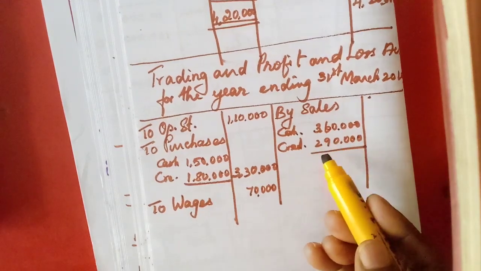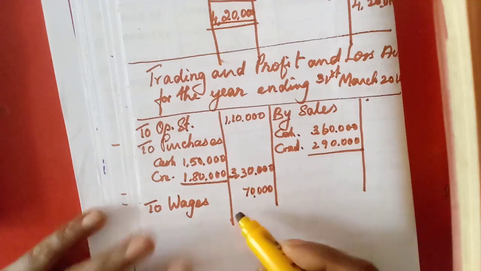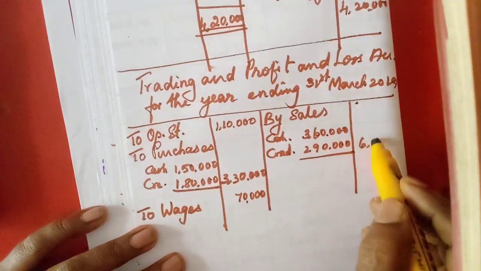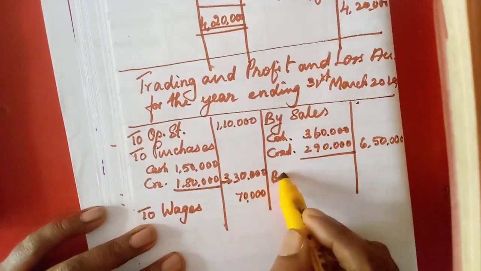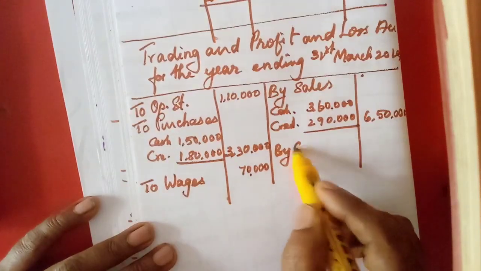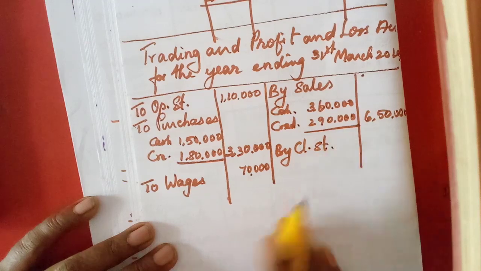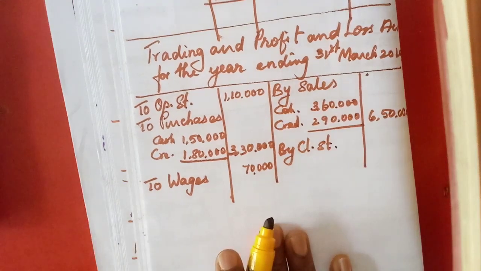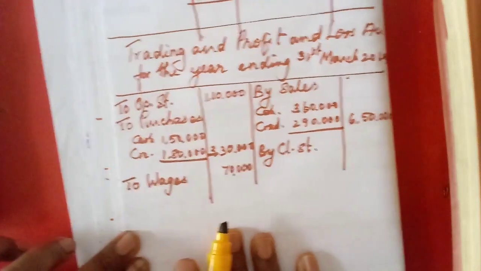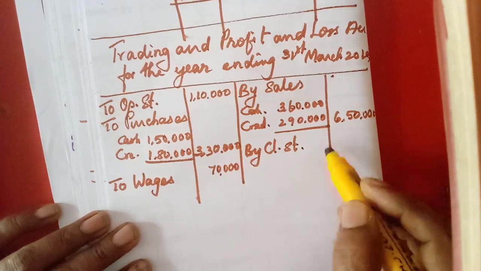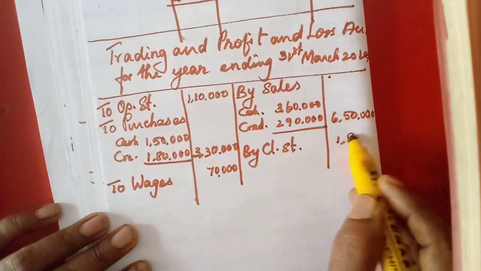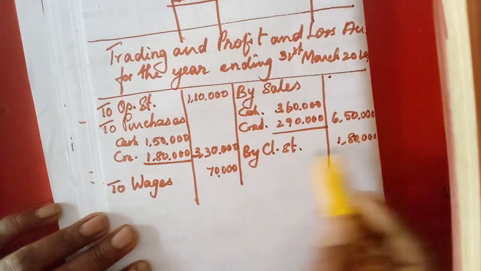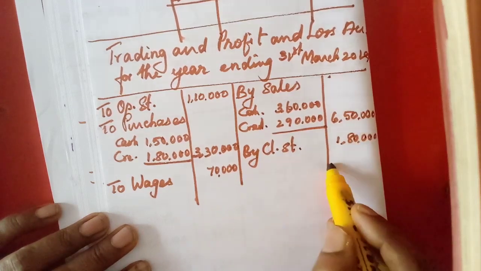So 6,50,000. Now the next item, the last one, closing stock. The closing stock, the stock of goods, 1,80,000 in the other information, the first item. This will be written once again in the balance sheet.